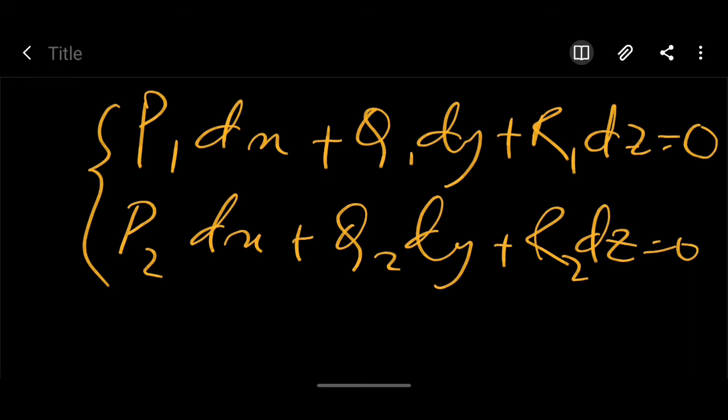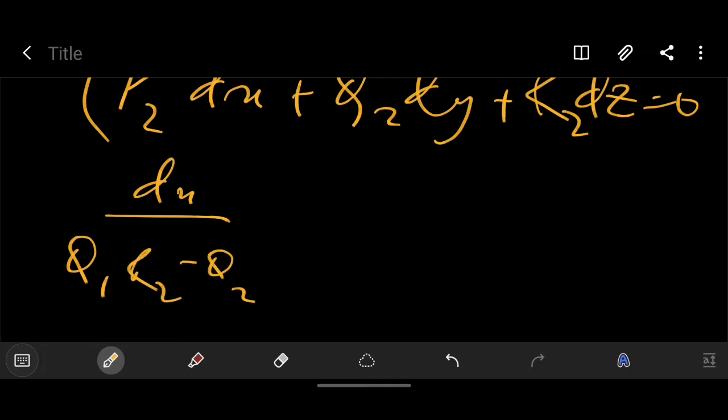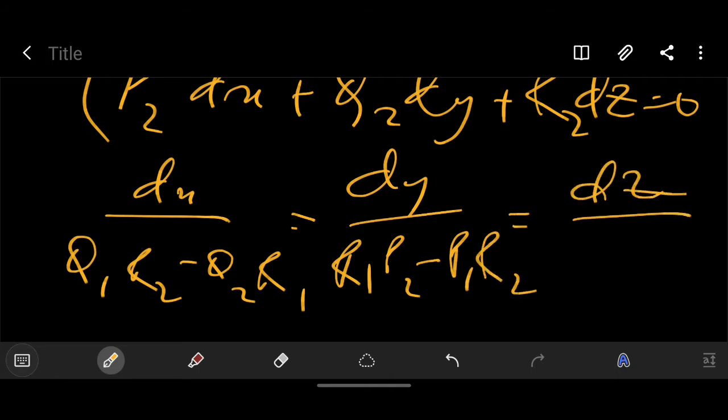After finding them, we have dx divided by q1 r2 minus q2 r1, equal to dy divided by r1 p2 minus p1 r2, equal to dz divided by p1 q2 minus q1 p2.